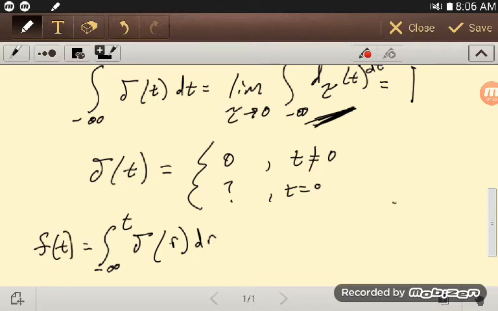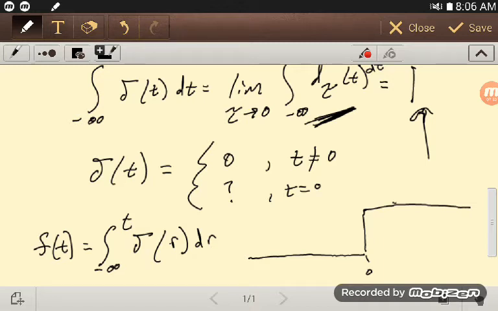Notice this f of t is 0, then we get to t equals 0, and from the information above, it jumps up to 1, and then stays at 1 because the value is 0 after that.